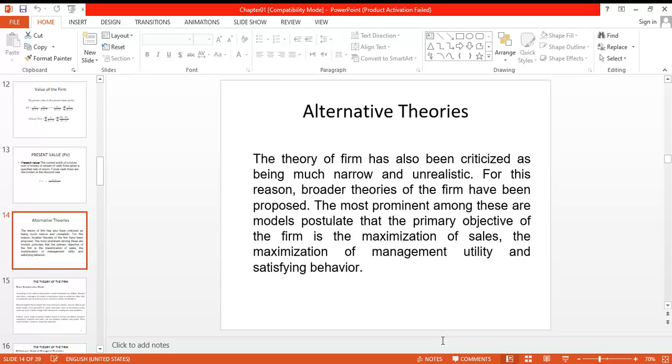Because in the modern corporate structure, there is what is called a divorce between ownership and control. The owners are different, the managers are different, and these managers then want to engage in behavior which satisfies them, which satisfies their objectives. Okay, so that is also one of the objectives.